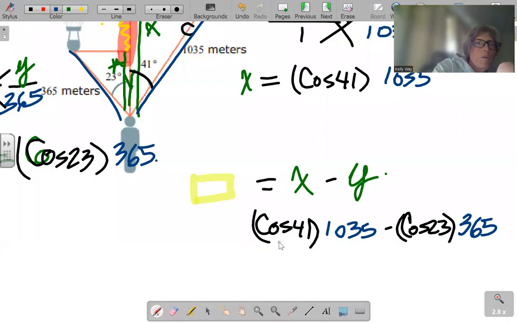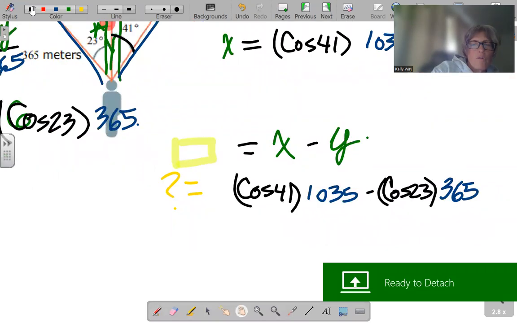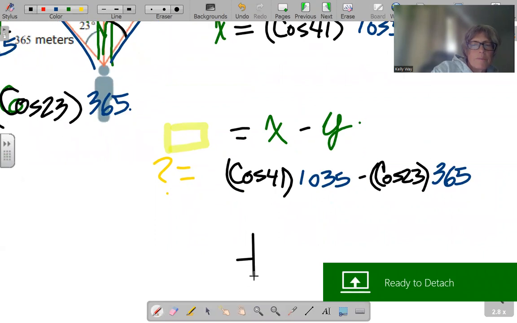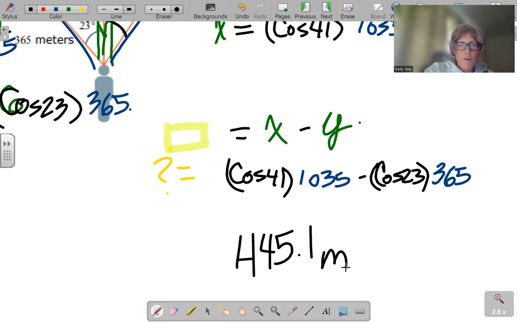So that would be the value of the unknown. In this case, would be 445.1. Check for units, meters. There you go.